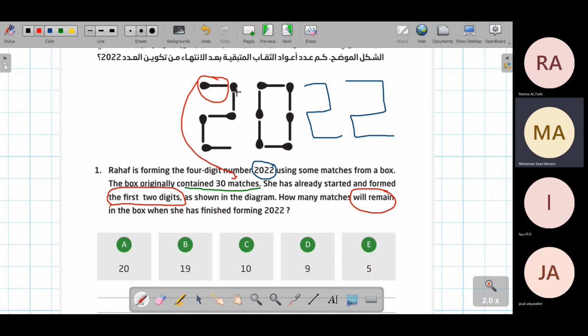So this is 1, 2, 3, 4, 5. Let's count it: 1, 2, 3, 4, 5. So for only one number 2, how many matches should I use? 5.